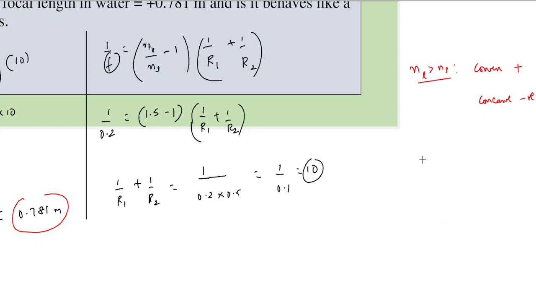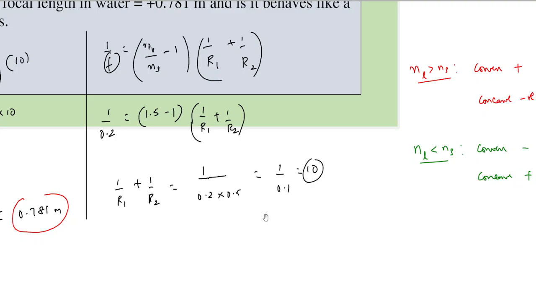Suppose the lens is placed in a medium where the refractive index of the lens is less than that of the surrounding medium, in that case the nature will be interchanged. So a convex lens will have a negative focal length and a concave lens will have a positive focal length.